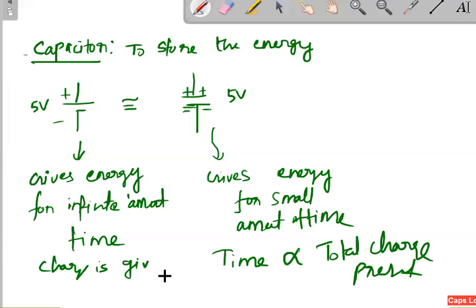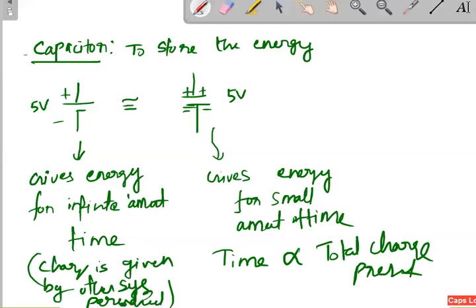Otherwise, it cannot give for an infinite amount of time. No finite element can give energy for infinite time. This is some basic relationship between the battery and capacitor.